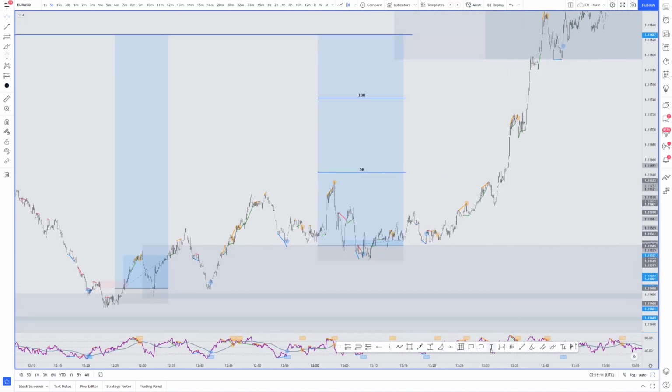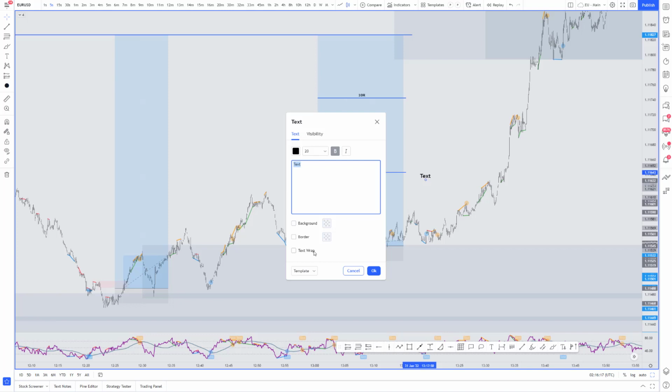In this case, at 5R, we took 50% off, which is again $250 or 2.5%. Pretty simple, right? That ends up being my first partial.